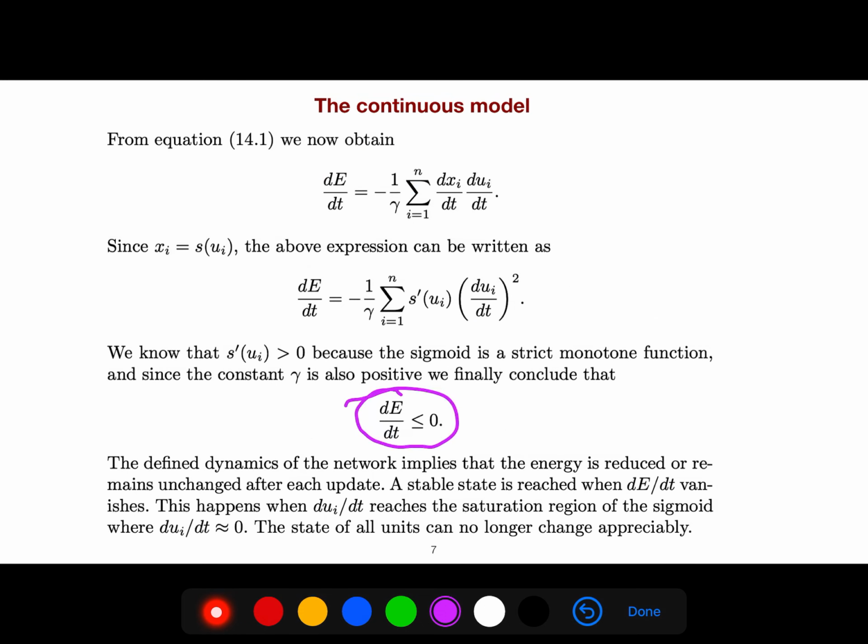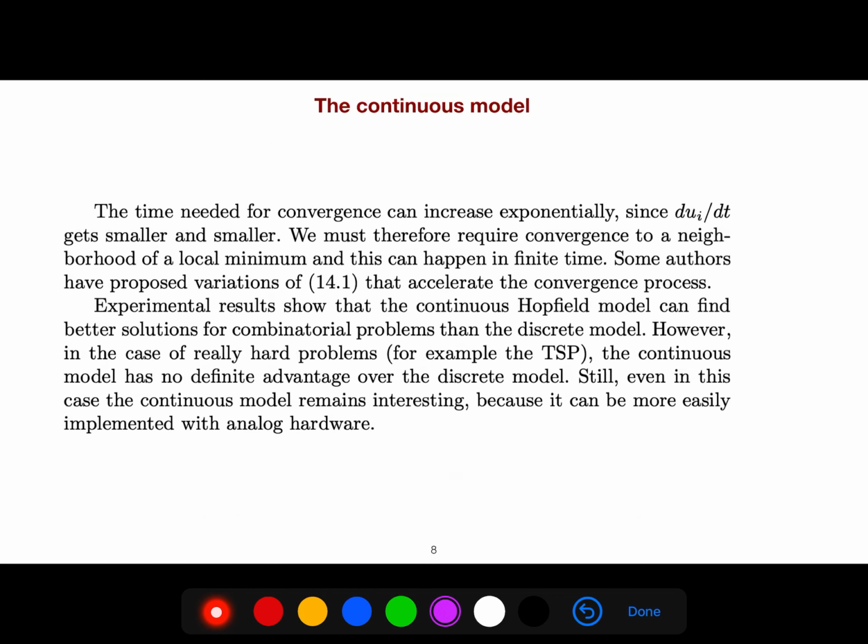So again, we have something like a Lyapunov function, like an energy function, that is reduced, and it converges to some extremum, some minimum. In the continuous model, the time needed for convergence can increase exponentially since the derivative gets smaller and smaller. We must therefore require convergence to a neighborhood of a local minimum, and this can happen in finite time.